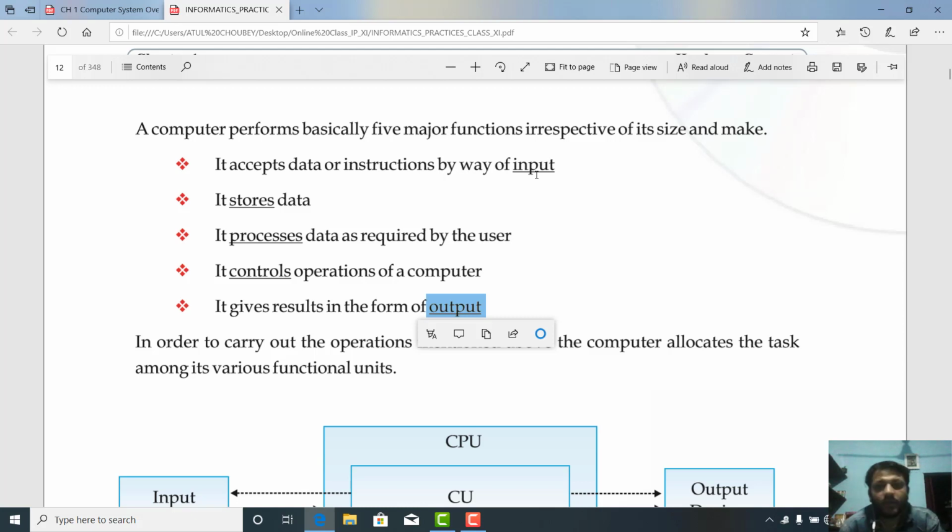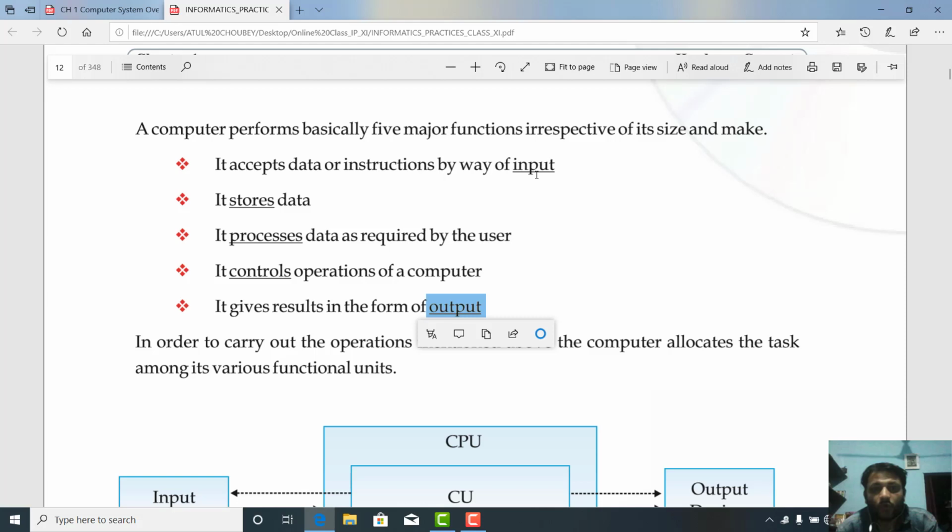So we have different types of input devices which help us to input data in computer. After inputting any data into computer, it stores all the data in computer memory.